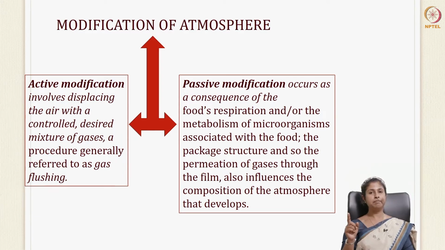In passive modification, they package the product, but over time, if it is a vegetative product, it will respire and the carbon dioxide level inside the package will naturally increase. This is called passive modification, and the oxygen level can decrease. But at the same time, the package material, the structure and the barrier it offers to the gas are all very important when you consider passive modification.